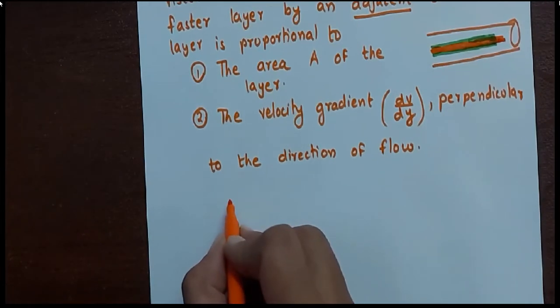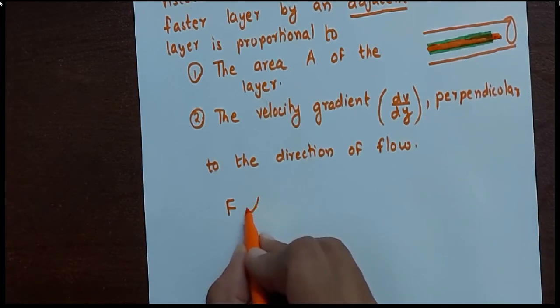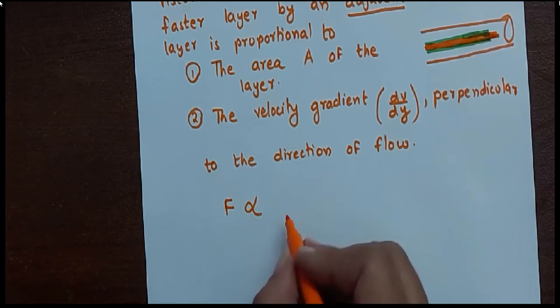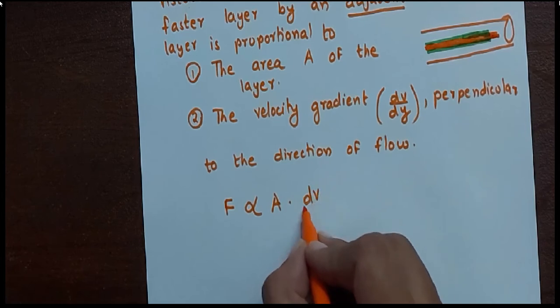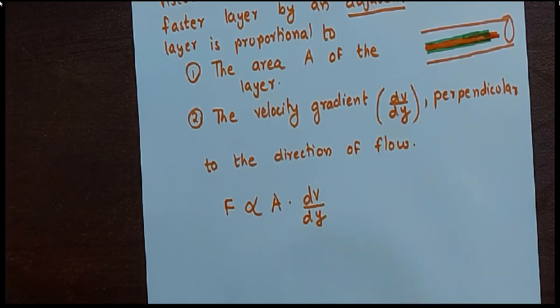Then if F is the force, then as we already told, F is directly proportional to capital A, the area of the layer, into velocity gradient dv by dy.